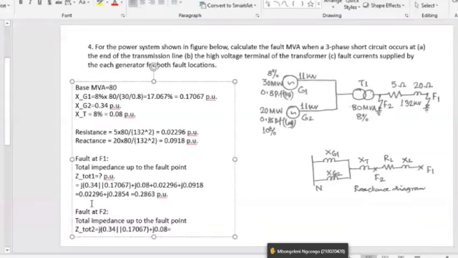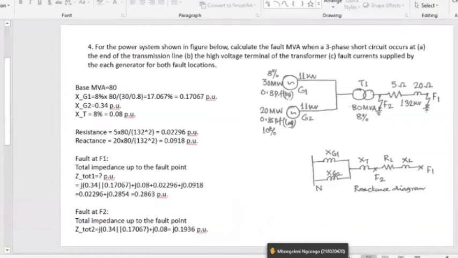Yes, 0.1936 per unit. You must always remember that it's in per unit. So J is there, you can keep that J as well. So we got the two reactances for two fault points.